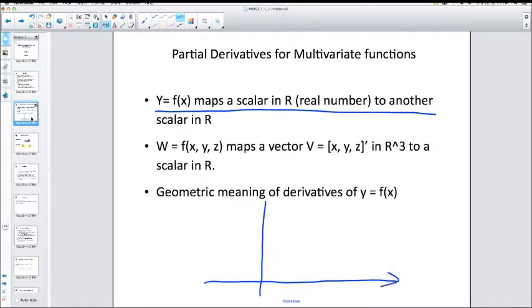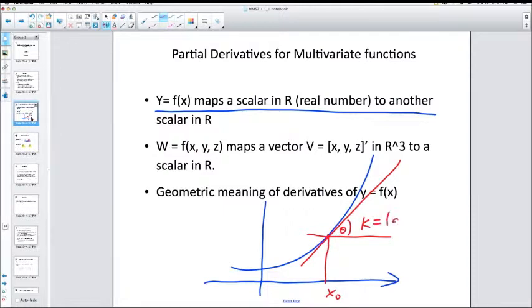If you have a smooth curve like this, and then let's select a point, you call it x0, we understand from Cal 1 that the derivative is the slope of this tangent line. That's the starting point of our lesson.